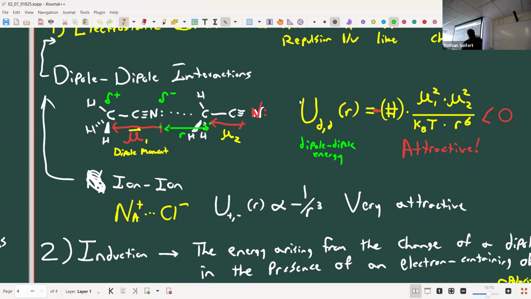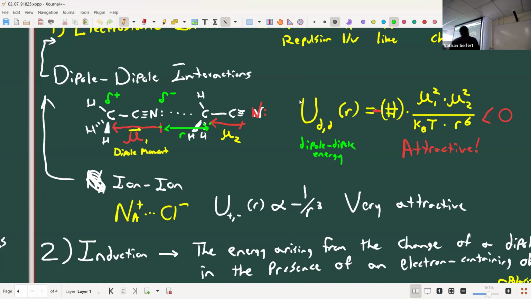If you double the distance, this decays as 2 to the 6, which is 64, so 64 times weaker, and here it goes as 2 to the 3, which is 8 times weaker.